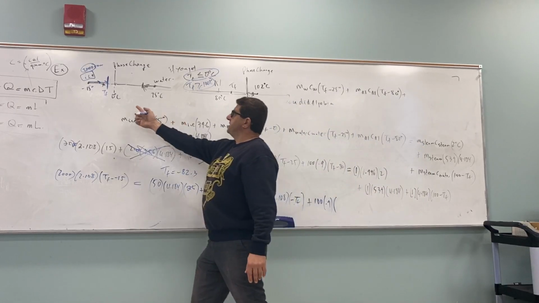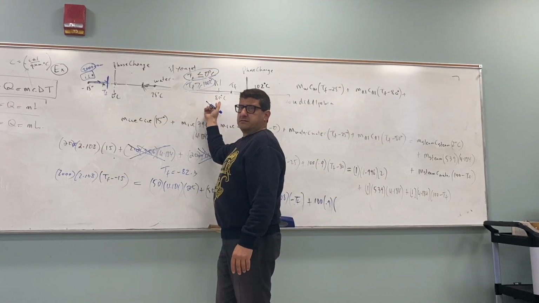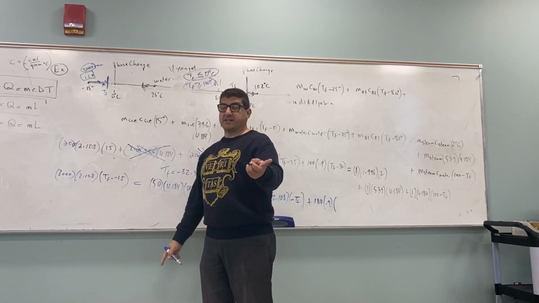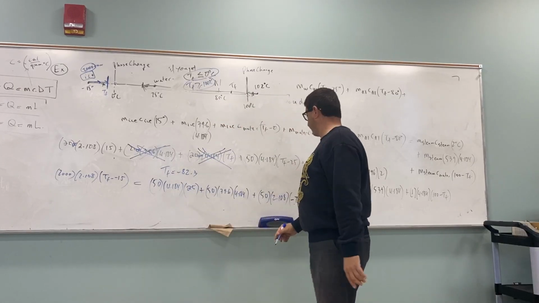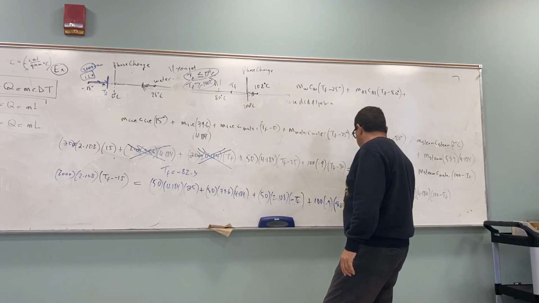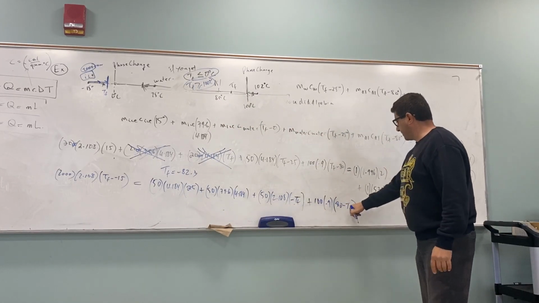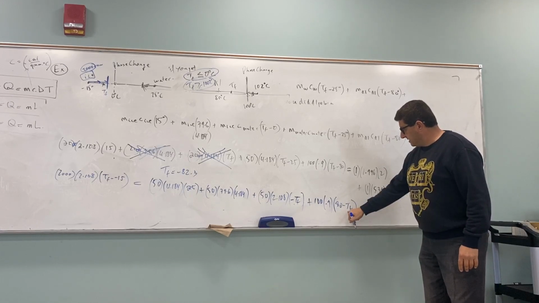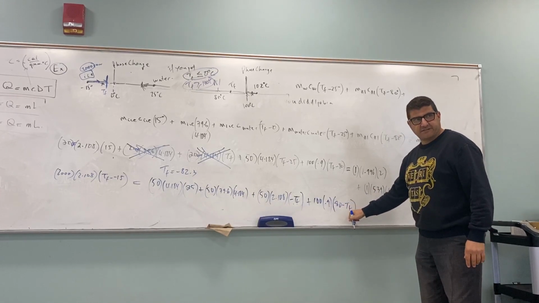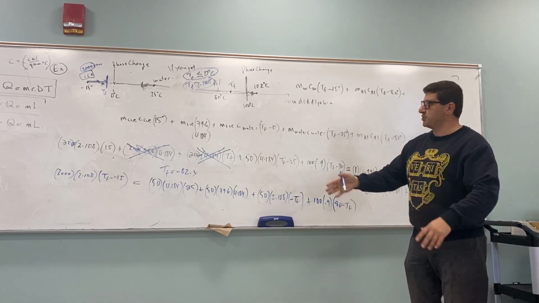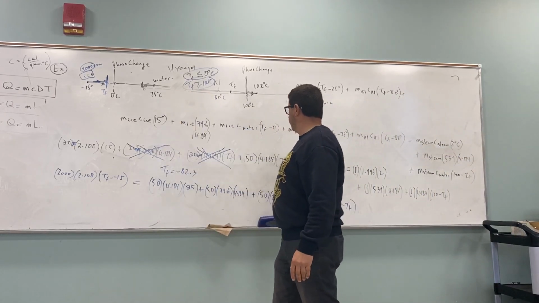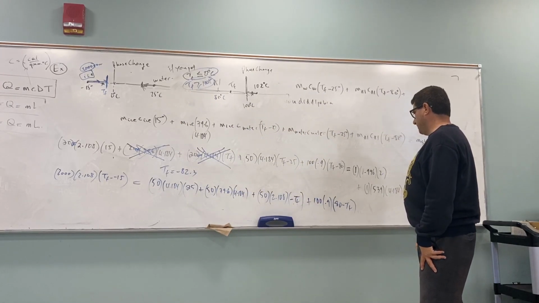Should I also write TF minus 80? No, 80 minus TF, because if I do TF minus 80, it'll be negative, right? So 80 minus TF, and of course if TF is negative, then that means 80 minus negative, it's gonna be greater than 80. Yeah, which it should be greater than 80, right? So what else is left?